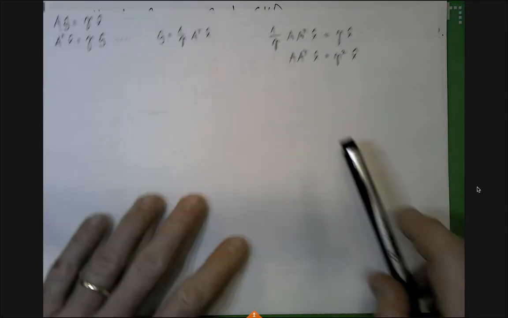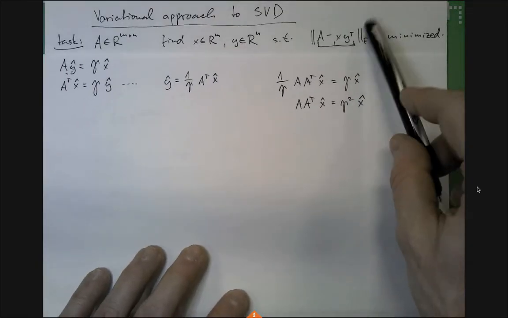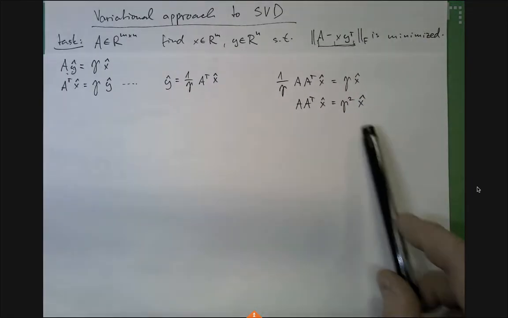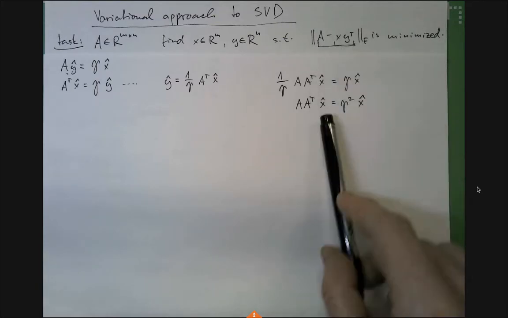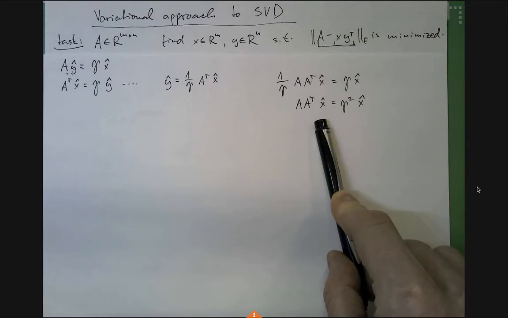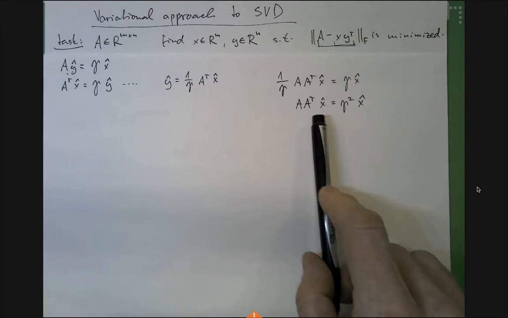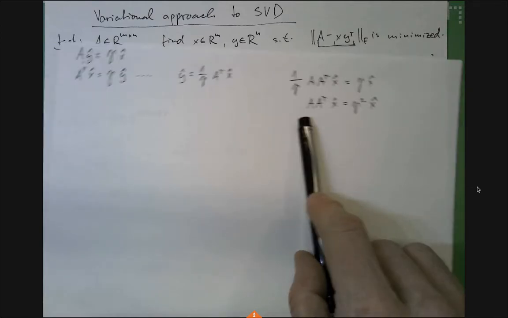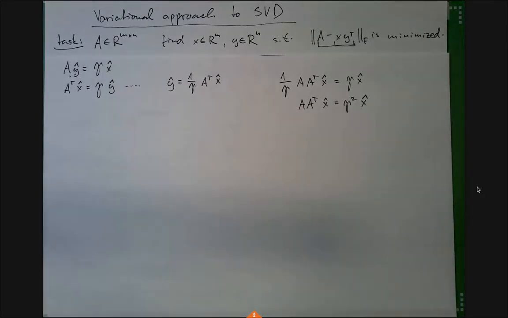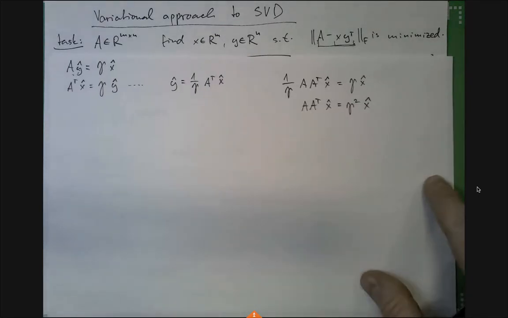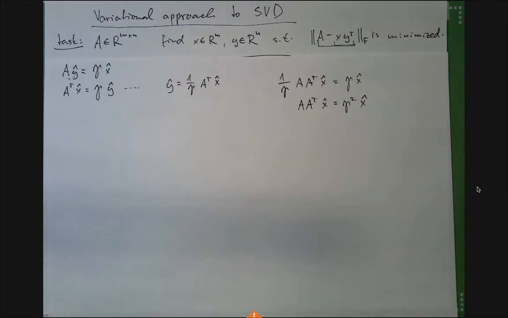So in terms of this optimization problem, the critical points, at least in terms of the x, are very closely related to eigenvalues and eigenvectors of the matrix A A transpose, okay? So basically every eigenvector of A A transpose corresponds to a critical point of this optimization problem, okay?